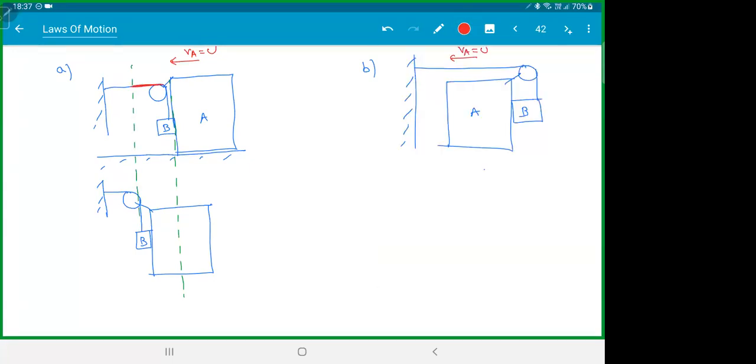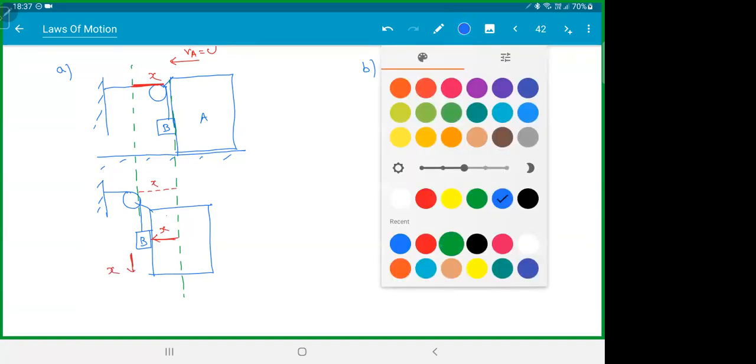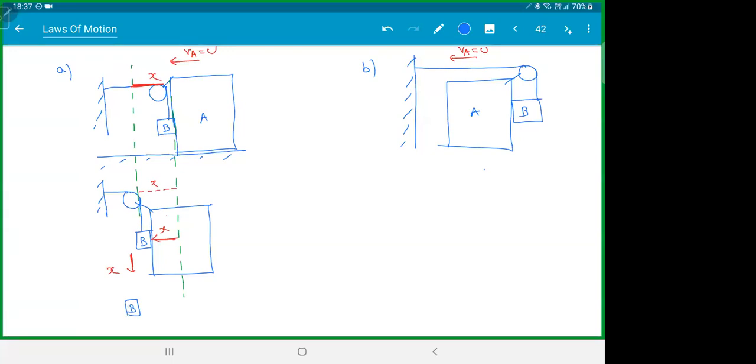This part of the string was missing, x. And also this thing has gone forward by x. And this part of the string was missing, so this thing has also come down by x. So the B here is traveling u to the right and u down. So velocity of B will be minus u i cap minus u j cap.